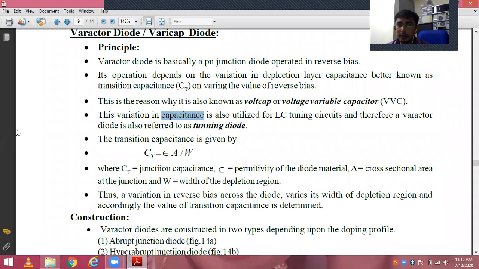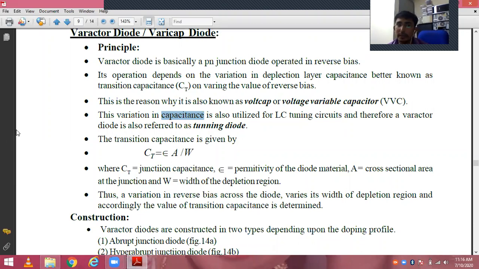Ultimately, the operation of the Varactor diode depends on the variation of the depletion layer capacitance. The depletion layer capacitance is known as the transition capacitance, which depends on the value of reverse bias.